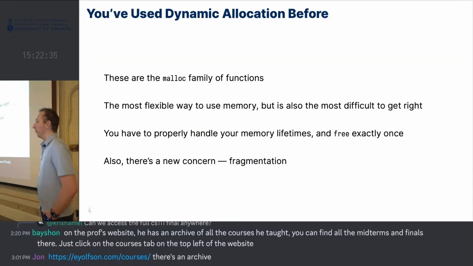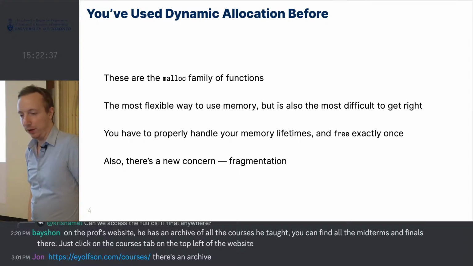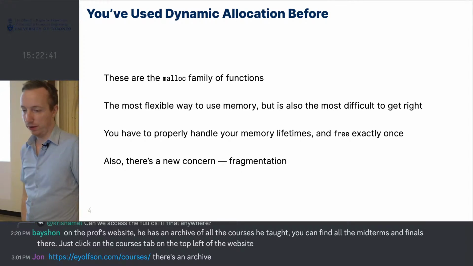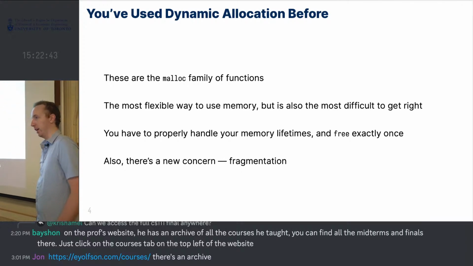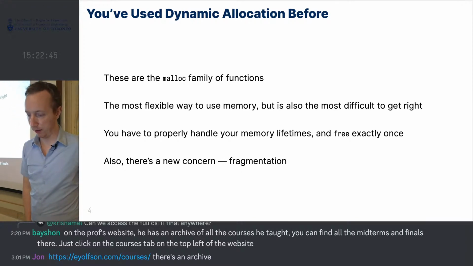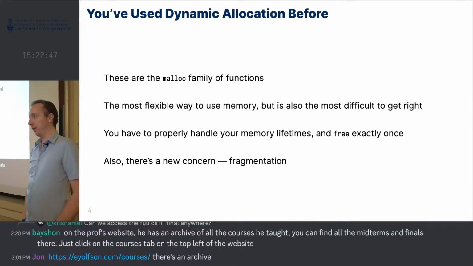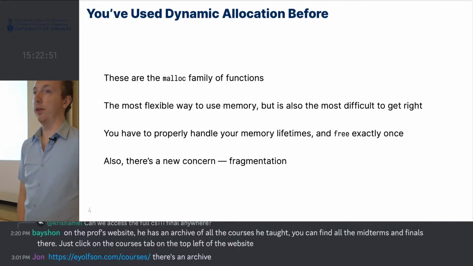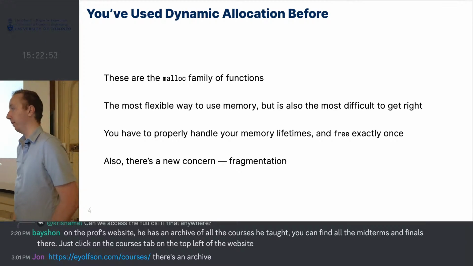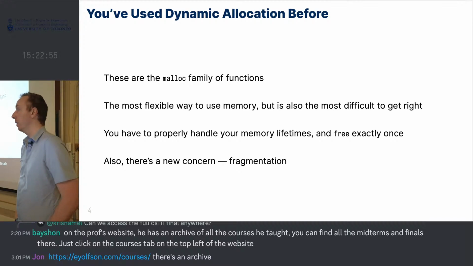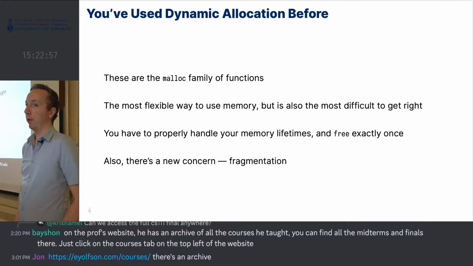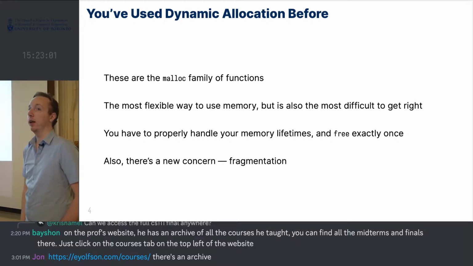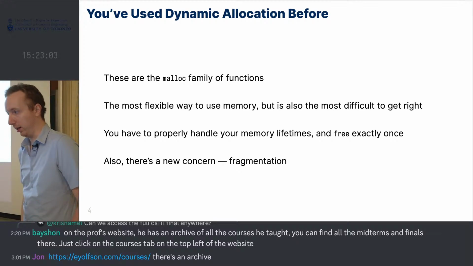So, back on the things we have used. We've used dynamic allocation before. There's the malloc family of functions, so like realloc, calloc, free, all that fun stuff. It is the most flexible way to use memory, but the hardest to actually get right, because you have to handle your memory lifetimes. What does that mean? Well, that means you have to free your memory whenever you are sure you are done with it and you know that it will never be accessed again.